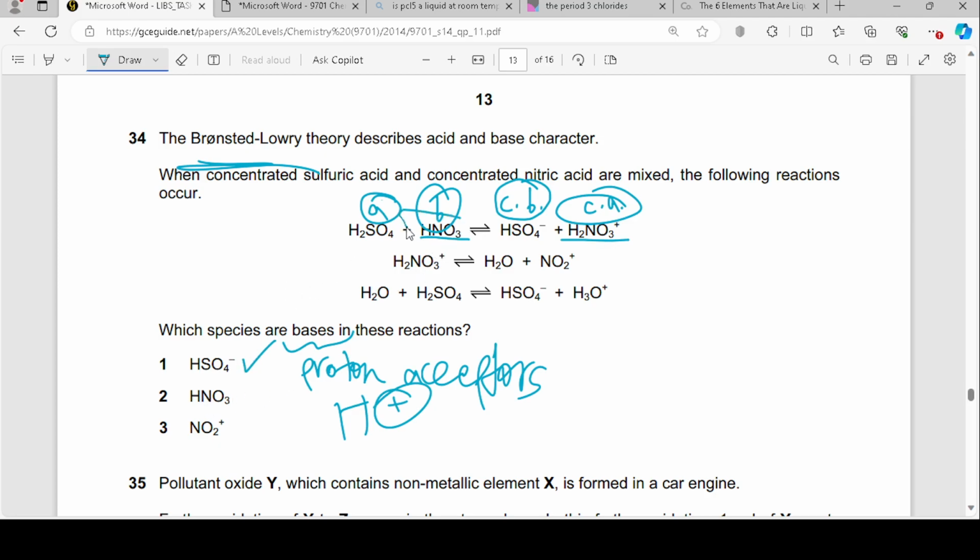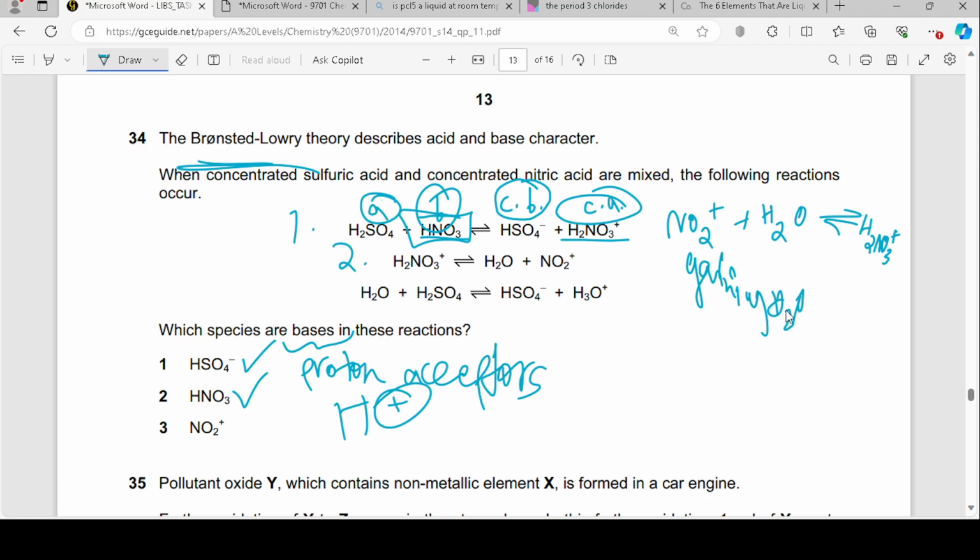As for HNO3, yeah, it is a base because I can see HNO3 is acting as a base in the left-hand side of the first equation, right? HNO3 is definitely also acting as a base. And as for NO2 plus, well, NO2 plus is not in the first reaction, but let's look at the second reaction. H2NO3 plus is becoming H2O and NO2 plus. If I look at it like this, NO2 plus H2O, in the backward reaction basically, gives you H2NO3 plus. Technically, NO2 plus is gaining a water molecule, right?